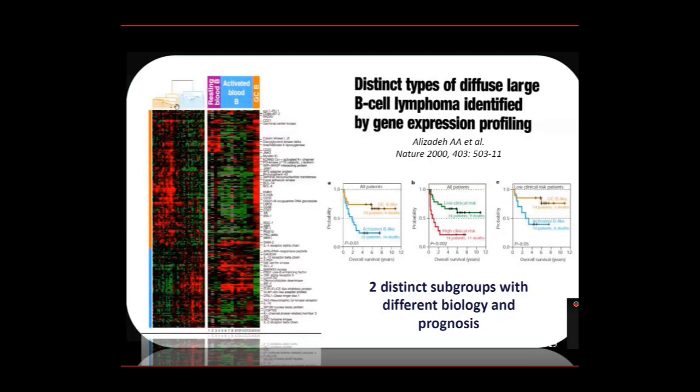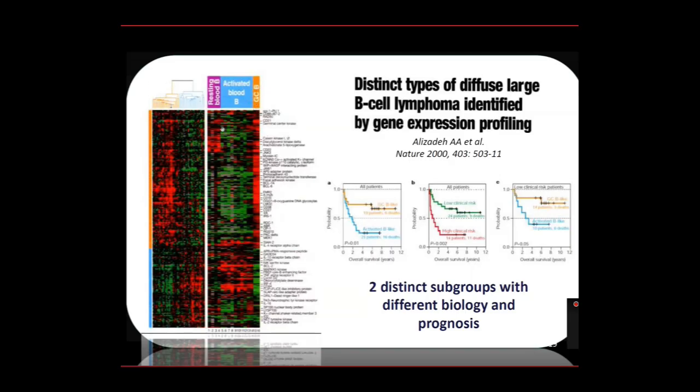Here, every column is a sample, every row is a gene. And the coloring system: red means that you are overexpressing, green that you are downregulating. So here we have a group in orange overexpressing a series of genes. By looking specifically at which genes those are, it was found that they are the genes commonly expressed by germinal center B cells.